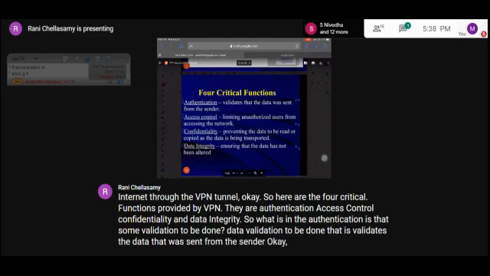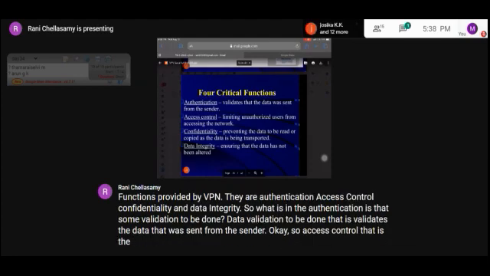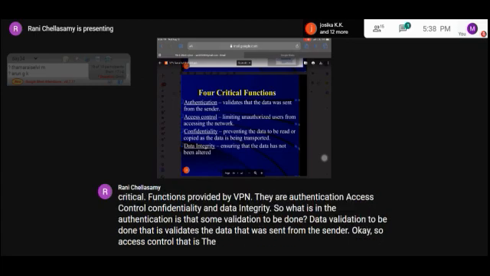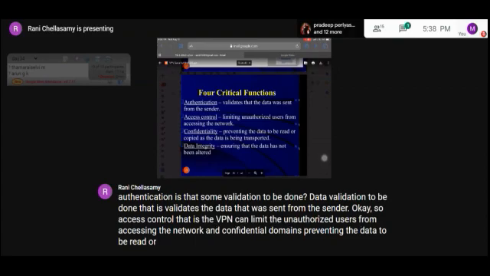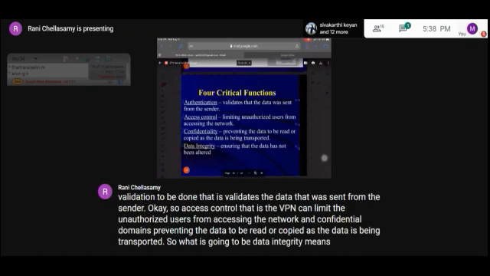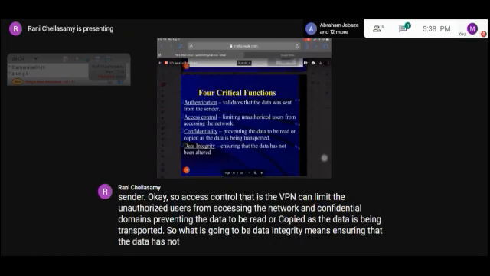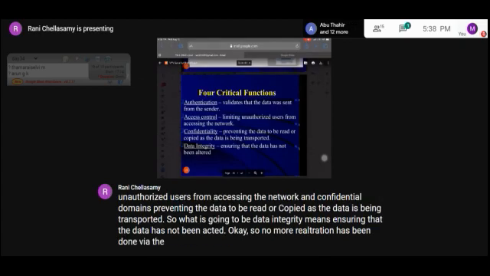Access control means the VPN can limit unauthorized users from accessing the network. Confidentiality means preventing the data from being read or copied as it is being transported. Data integrity means ensuring that the data has not been altered. So no alteration has been done during the transmission.